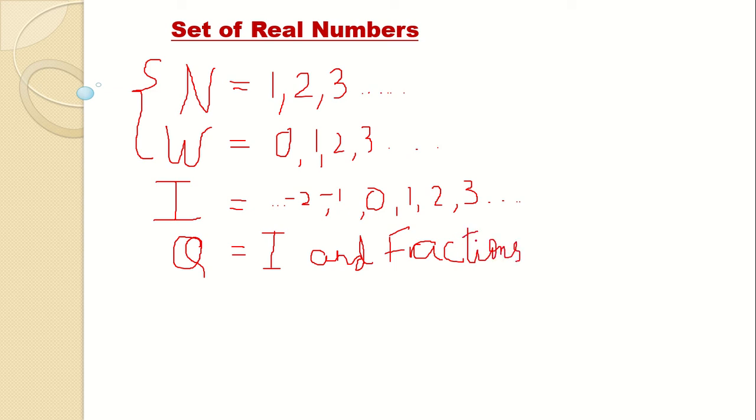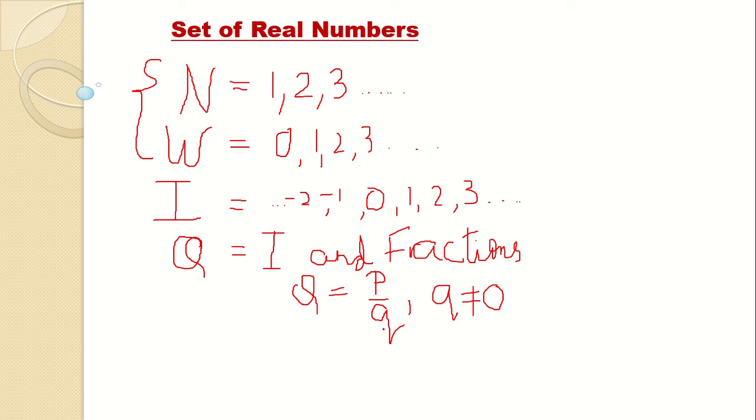But just remember one thing, there is one more definition of the set of rational numbers. Any number is a rational number if that number can be denoted in P by Q form. This is another definition of rational number. If a number can be represented in P by Q form, where Q is not equal to 0, and P and Q can be both whole numbers, or even integers, but Q cannot be 0.